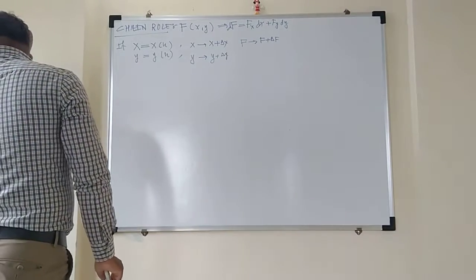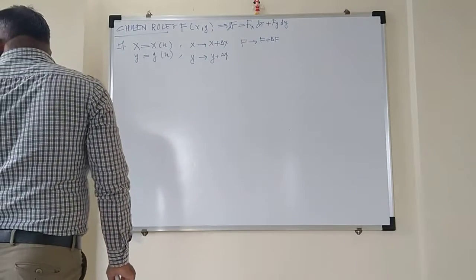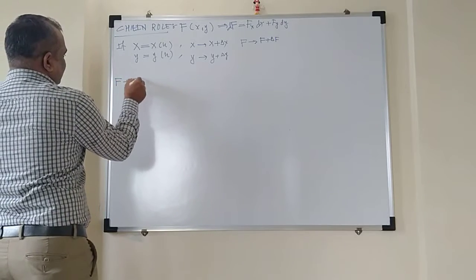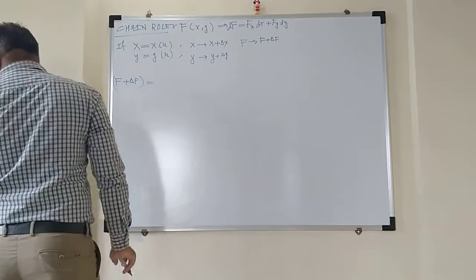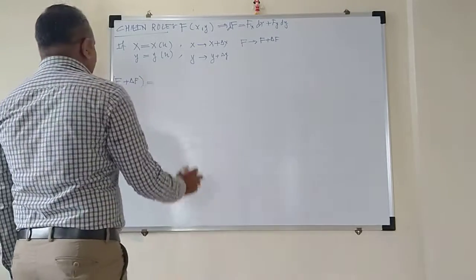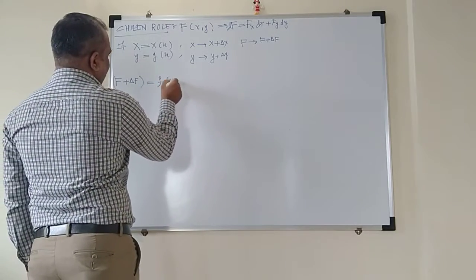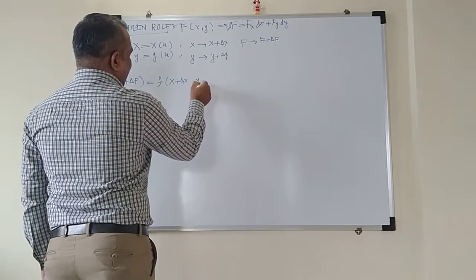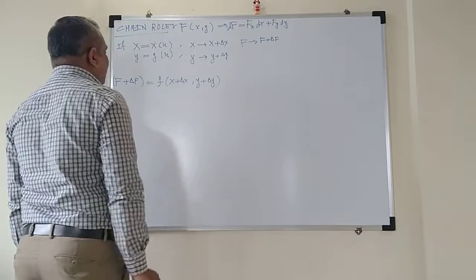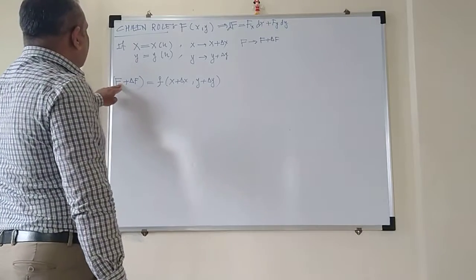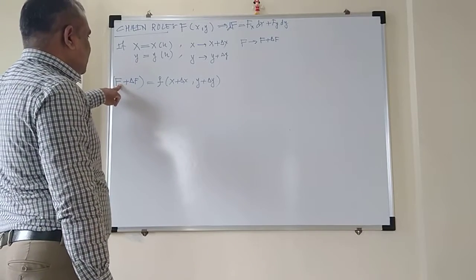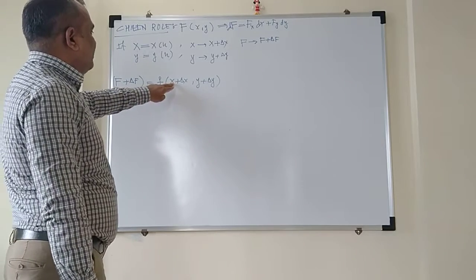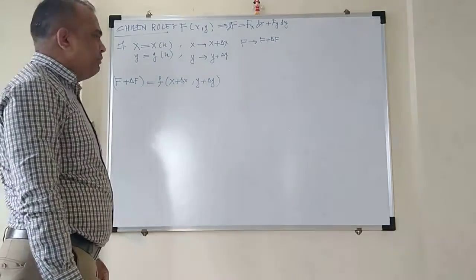So f plus delta f can be written as f of x plus delta x, y plus delta y. Why? Because the function changes due to infinitesimally small changes in both variables x and y.